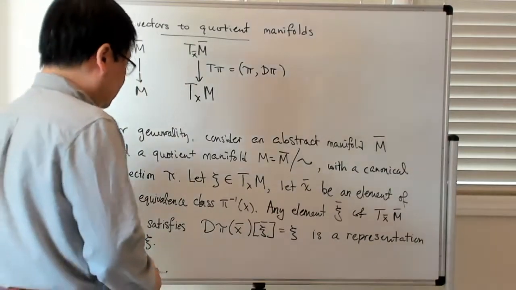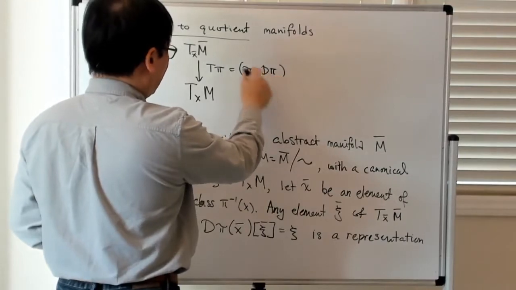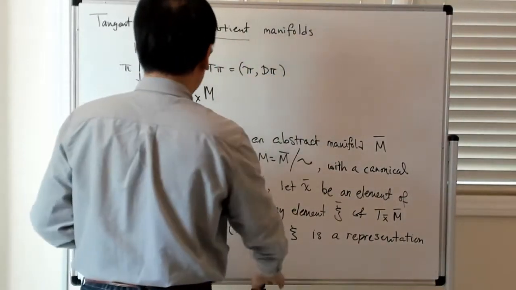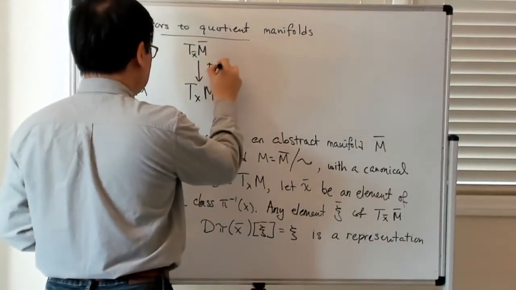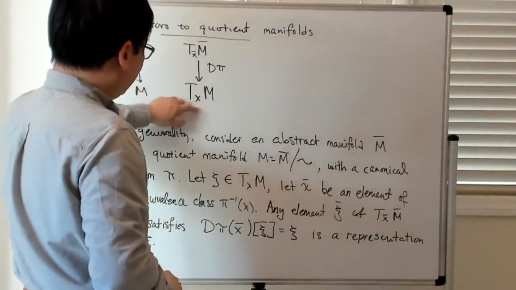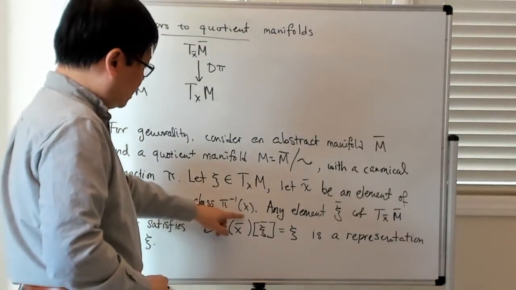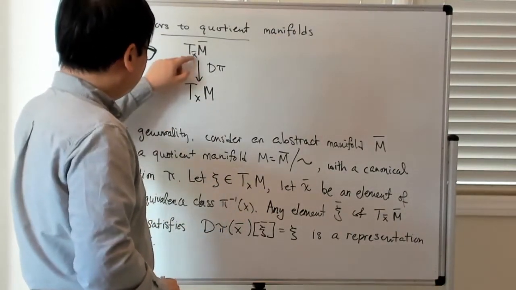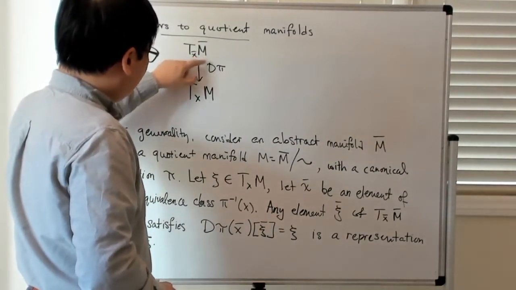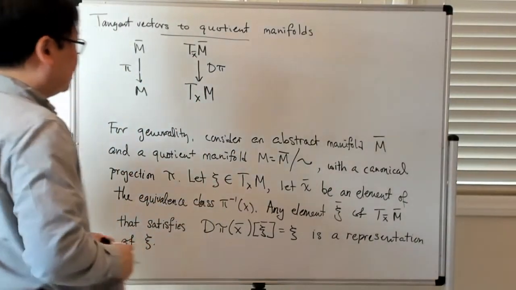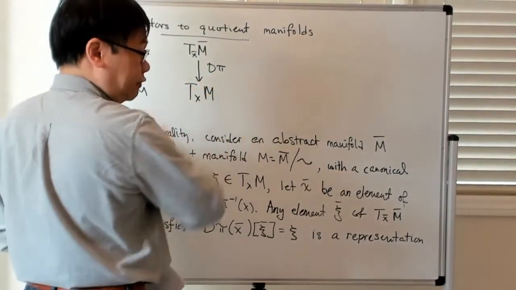It's like it depends on what your notation is, but this really is just a map dπ. So it maps x bar to x. That's what you want. x bar is just an element of this preimage of x by the projection. So x bar by definition will project down to x, and then M bar projects to M, and its action on tangent vectors is by the linearization, the derivative, of the projection map. Okay.